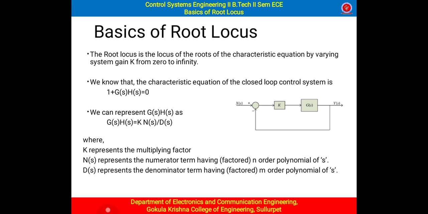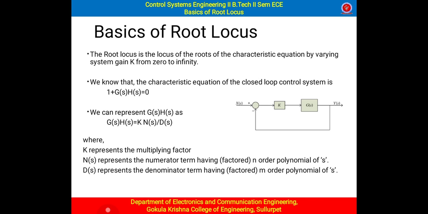Now what we are going to do is plot the path of poles, and we are changing the gain of the open loop transfer function. G(s) is the transfer function of the open loop control system, and it is being multiplied by K, as you can see in the figure.